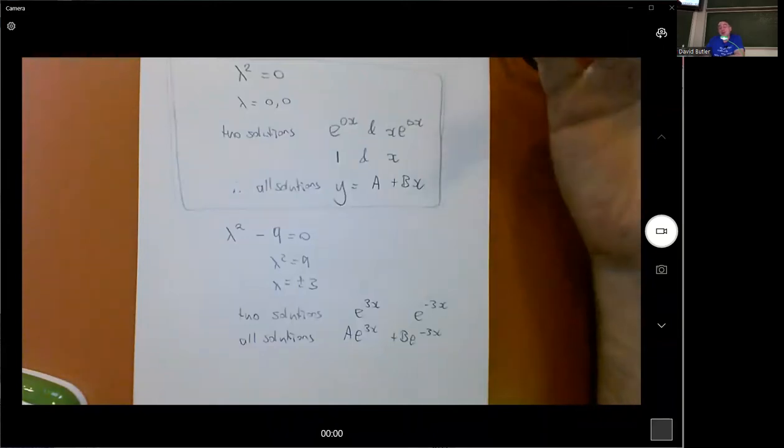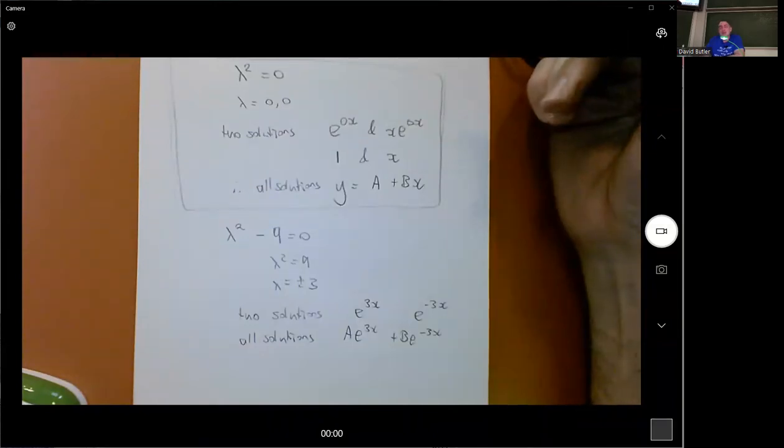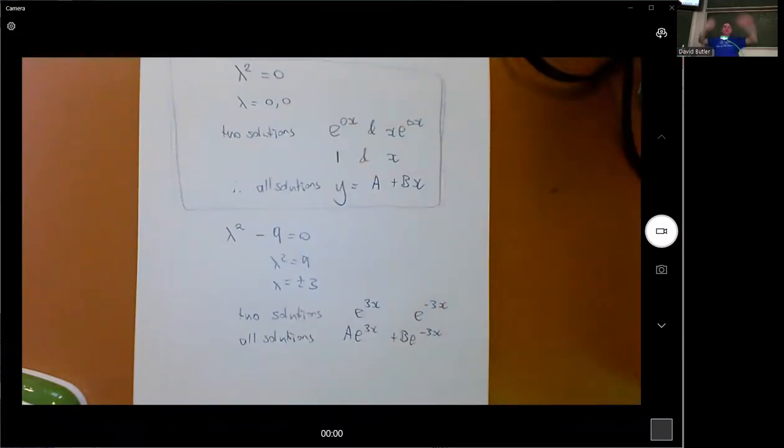Which is fine, right? But not nearly as cool as this. Ready? I know a function that is a combination of e to the 3x and e to the minus 3x. It's cosh of 3x. Cosh of 3x is this plus this divided by 2.